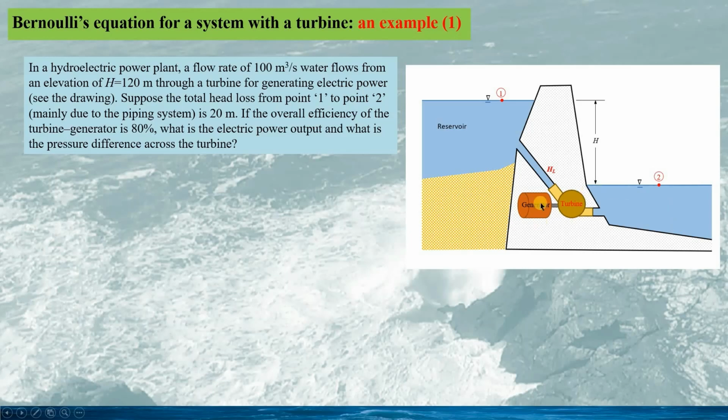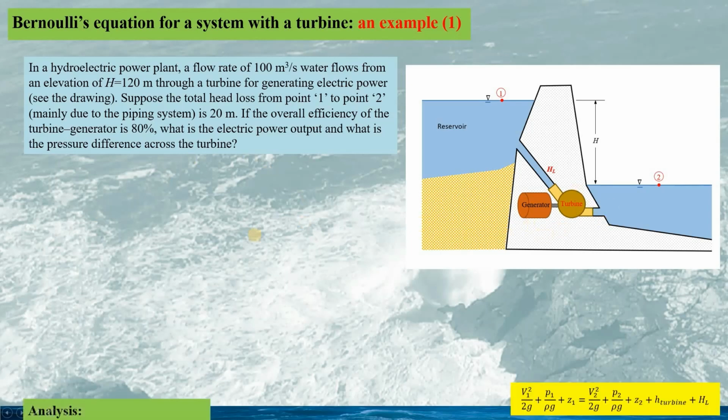See the drawing here. Suppose the total head loss from point 1 to point 2 in this setup is 20 meters. And if the overall efficiency of the turbine generator is 80%, the questions are: what is the electric power output from this hydroelectric power plant? And what is the pressure difference across the turbine?